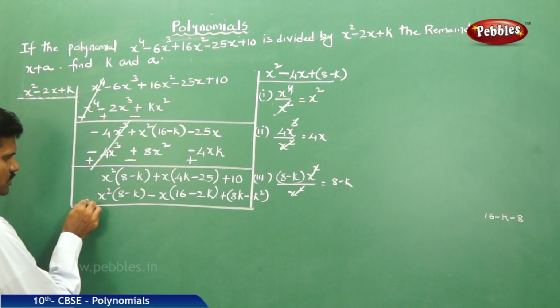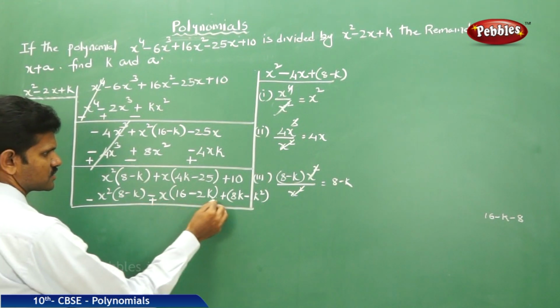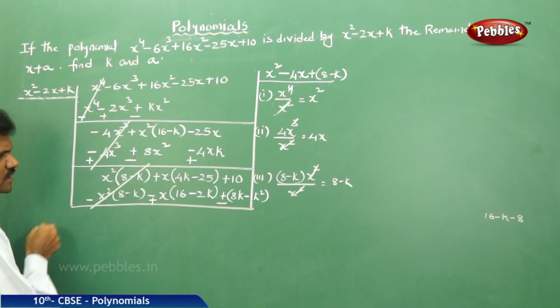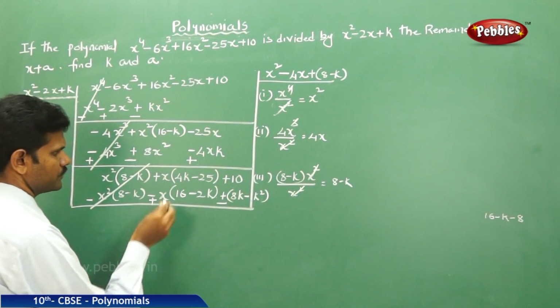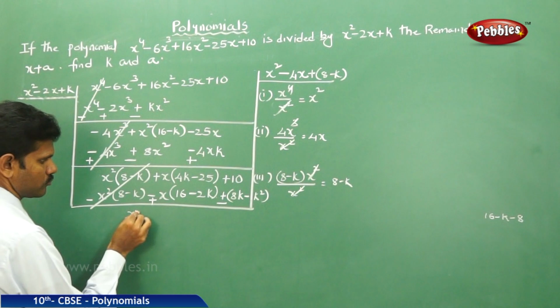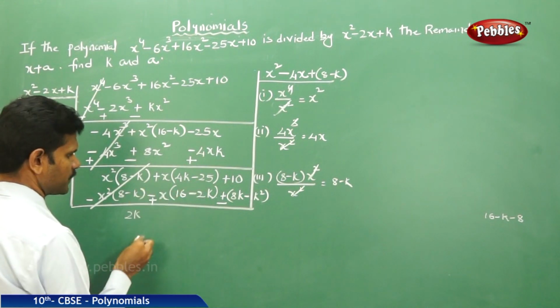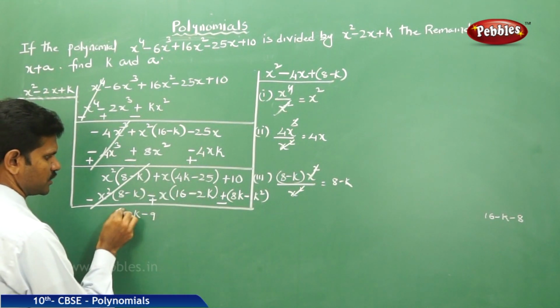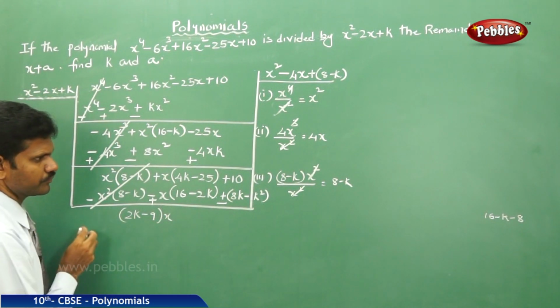Now change the signs, minus plus minus, cancel both parts. Now see, minus 2k plus 4k is 2k, minus 25 plus 16 is minus 9, into x.